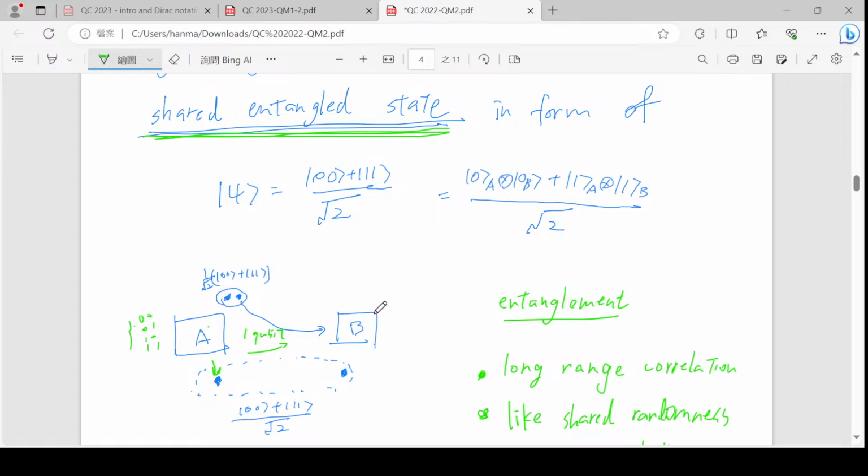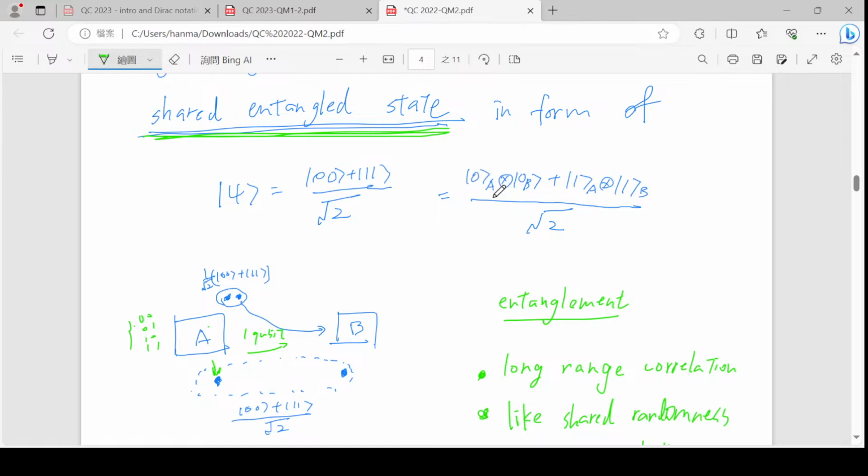How they get this shared entangled state: we are thinking communication. Alice and Bob are physically very far away, and they want to communicate with each other. Maybe Alice creates this state on her side and sends 1 qubit of it to Bob. Then now they hold this shared entangled state. So we write it out.